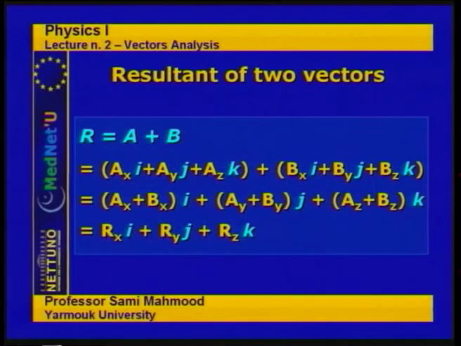And thus, we conclude that the resultant has three components. The x component, Rx, which is equal to Ax plus Bx, Ry, which is equal to Ay plus By, and Rz, which is equal to Az plus Bz.